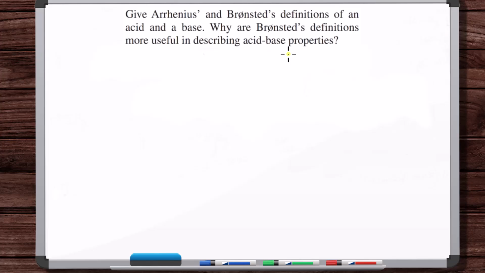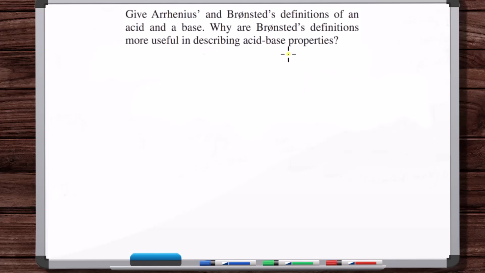Similarly, for a base, if a substance added to a system, no matter what the system is, causes the proton concentration to decrease, then that substance is considered to be a base.